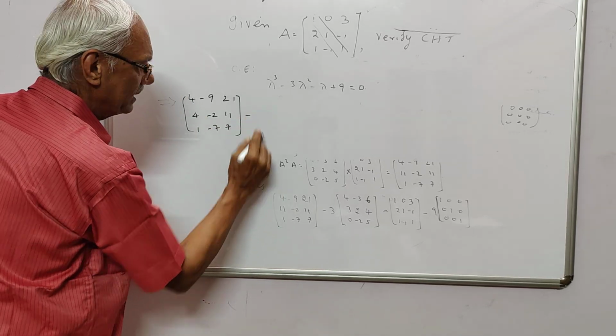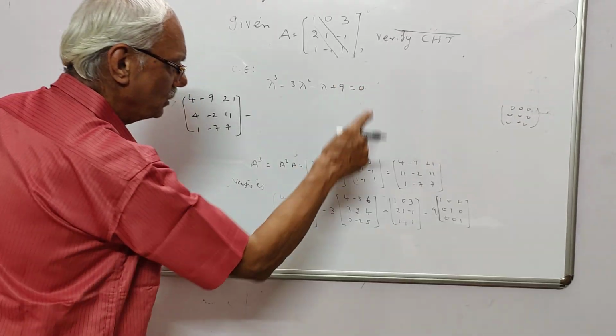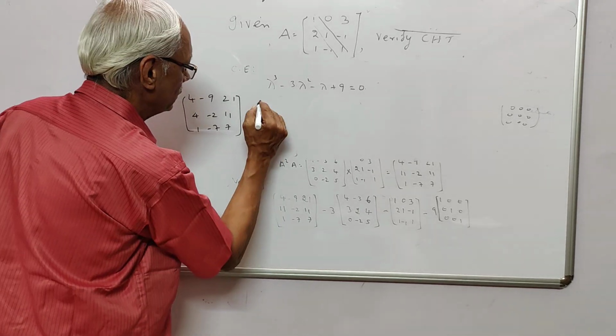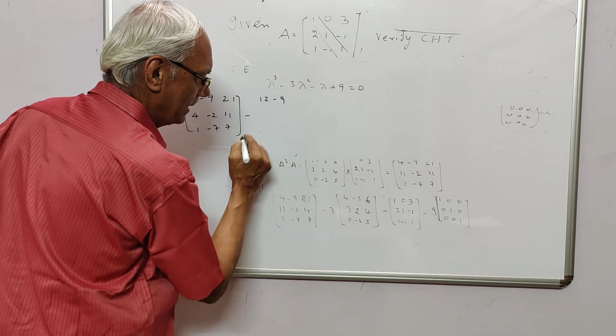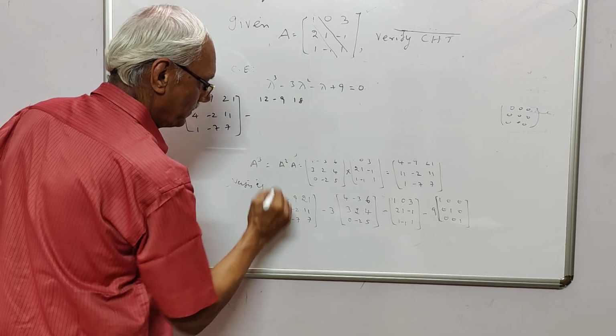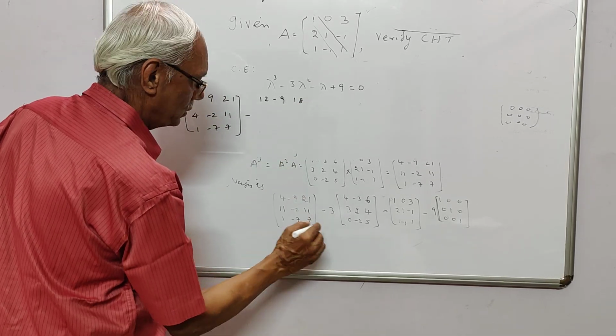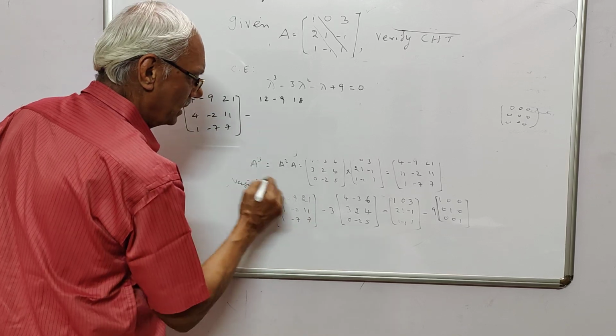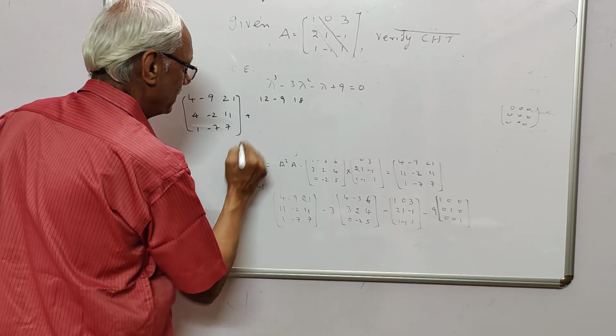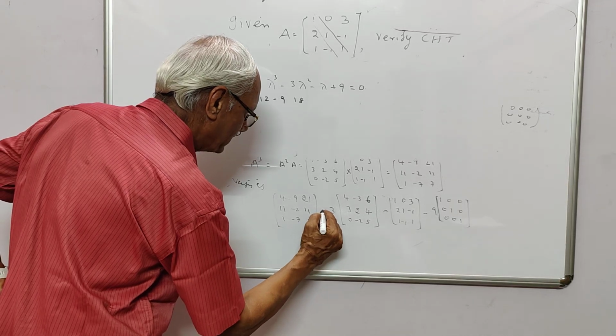Then minus, multiply throughout this, multiply the whole matrix. So it is 12 minus 9 18. Then this is minus 9. See here 12. Okay, no problem. You can put it even minus. See, this is plus of minus 3.